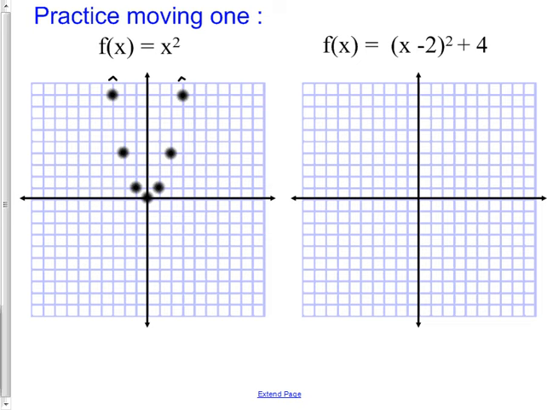All right. This time, row 1 and 2, row 3 and 4, row 5 and 6, show each other. Show the person across from you. See if you get the same thing as them. If it doesn't look right, don't just tell them it's right. Check it. Make sure they actually moved 2 to the right and up 4.